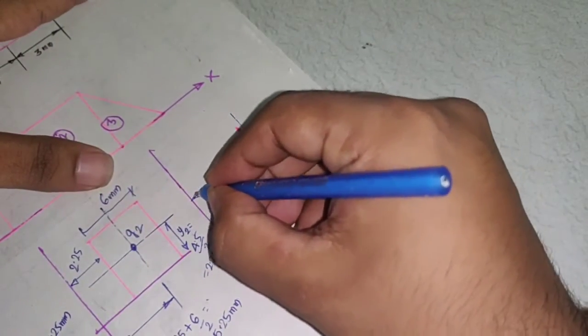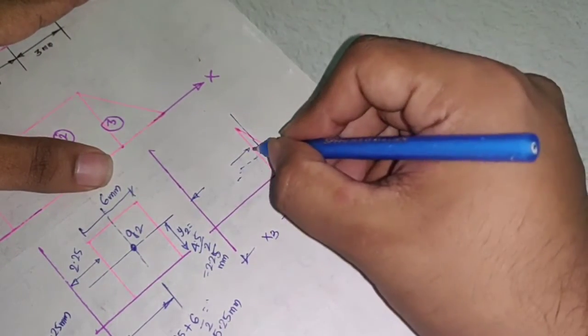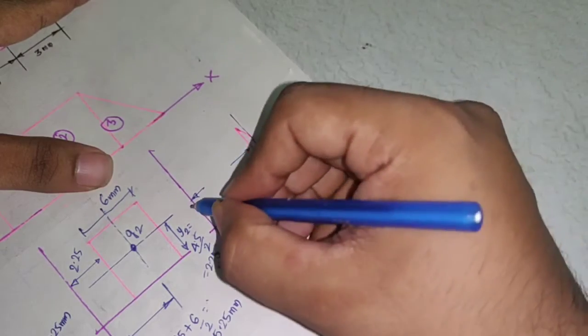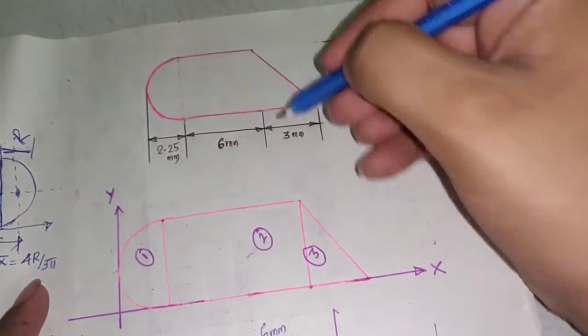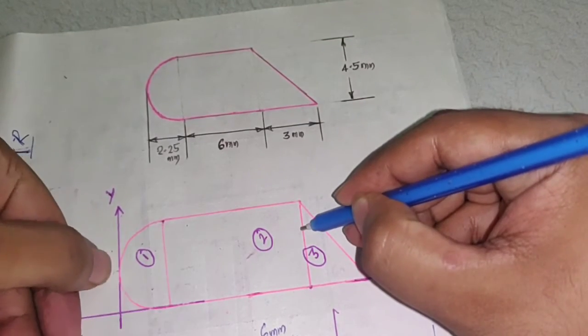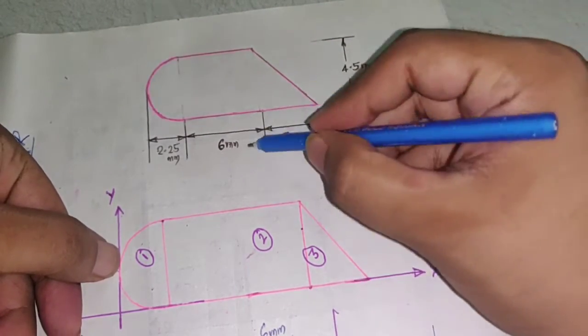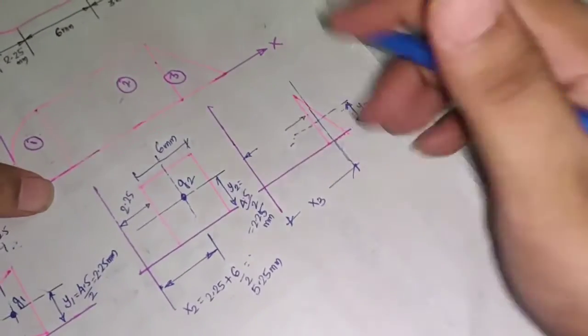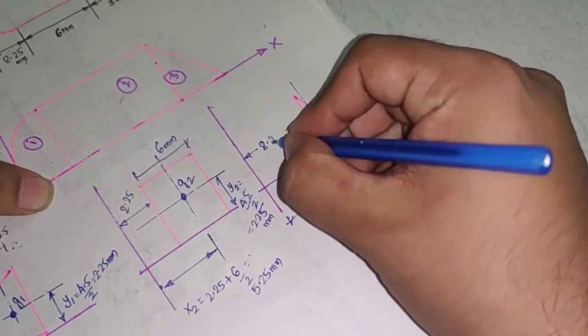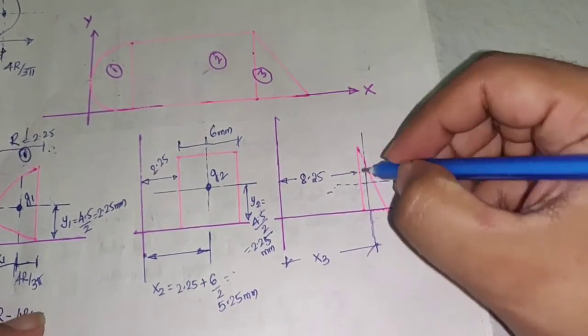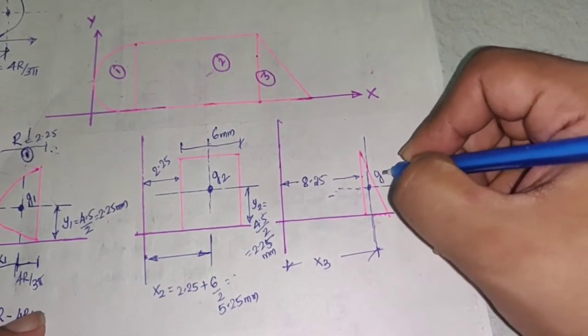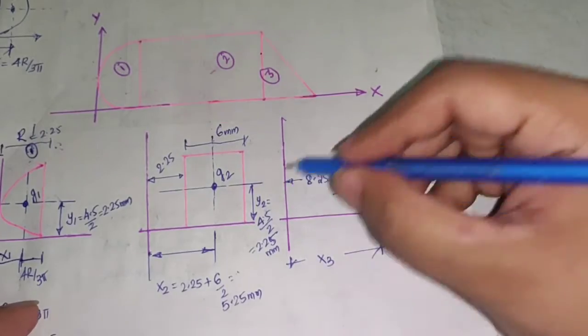Now what is the distance from the edge of the right angle triangle to the reference axis? From this point to this point, it is 6 plus 2.25, which is 8.25. But I want from the center of this, point G3, to the reference axis.